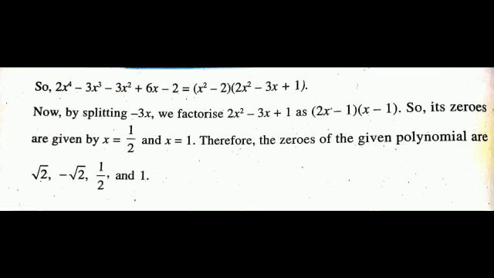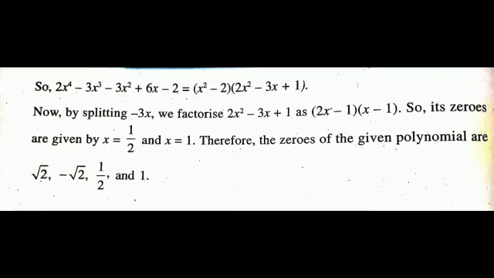Now our focus is to find the other zeros other than root 2 and minus root 2. So we will have to find the factors of 2x square minus 3x plus 1. Using the concept of middle term splitting method, we can split 2x square minus 3x plus 1 as the product of 2x minus 1 and x minus 1.